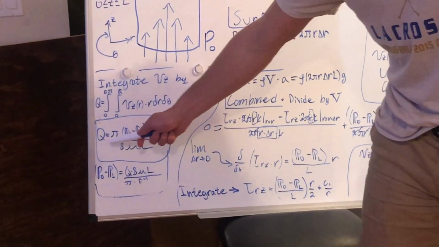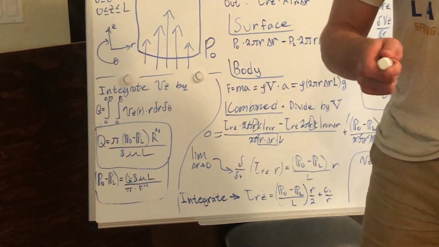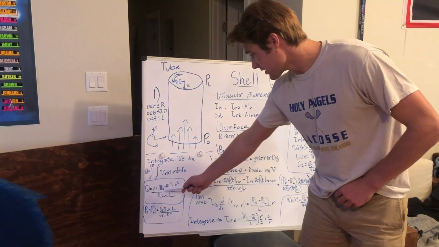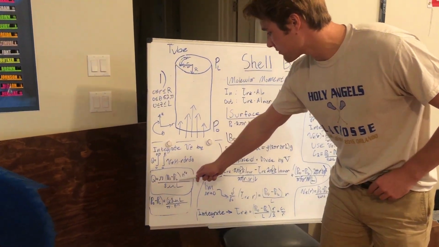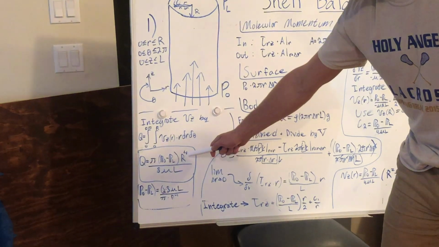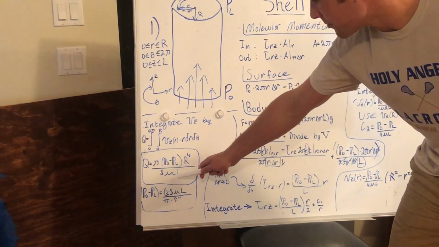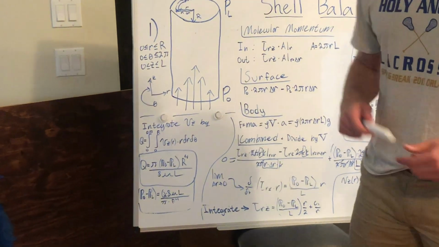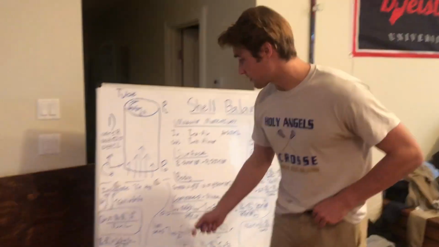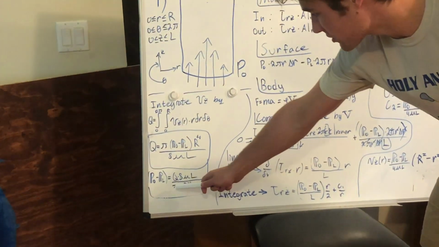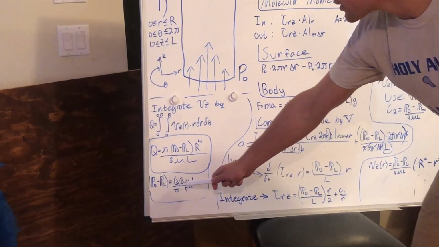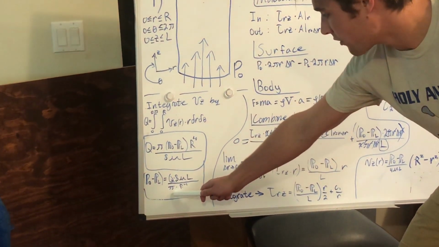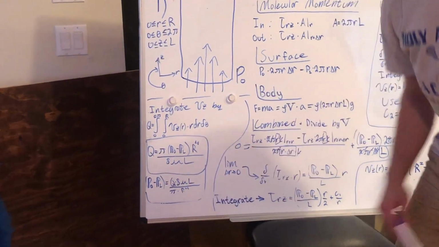And from there, we find that our volumetric flow rate, which is the amount of beer coming out of the tap, is equal to pi times our pressure differential times big R to the 4th over 8 mu L. And now if we're trying to find our pressure differential, we can rewrite that equation as our volumetric flow rate times 8 mu L over pi times R to the 4th.